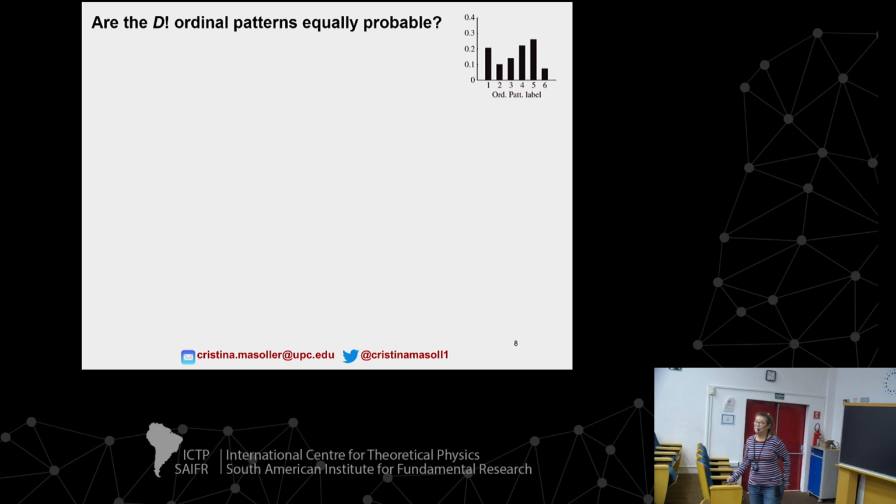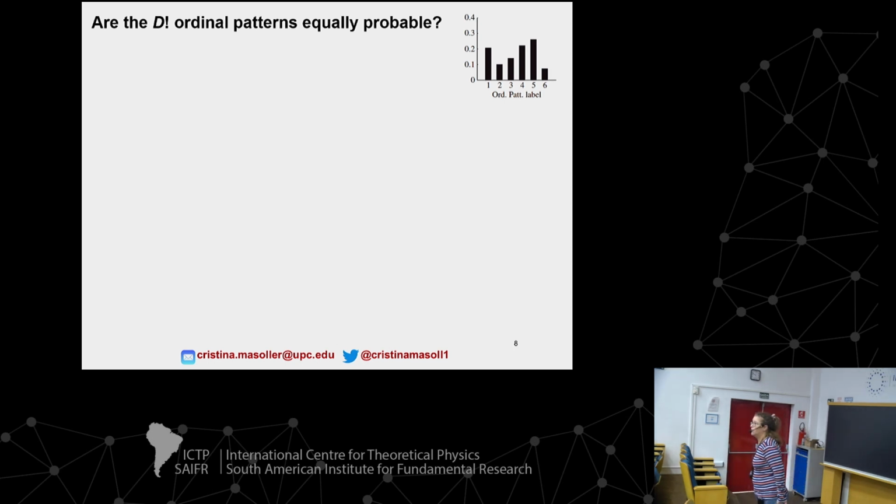If that's the case, then it means that there is no temporal structure in the data. It's highly likely that the data is generated by a fully random process. If you're analyzing spikes or whatever data, and you see that the patterns occur more or less with the same probability, then it's possible that the data is just generated by a random process.